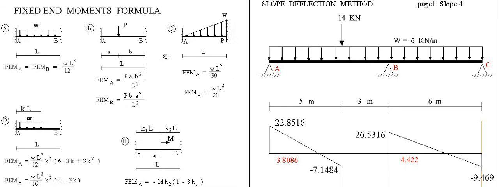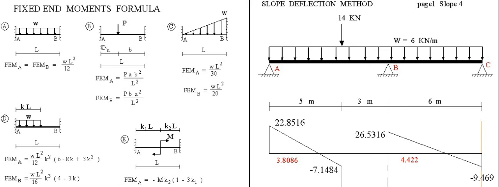Then for a concentrated load, we have two, from the left and from the right. From the left, fixed end moment A is P A B square over L square. Then fixed end moment B on the right is equal to P times B times A square over L square.